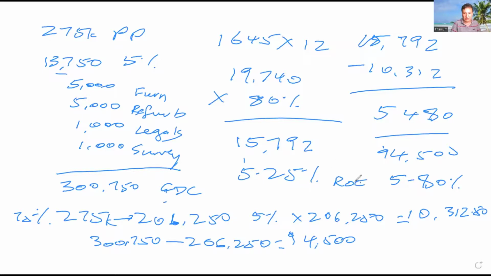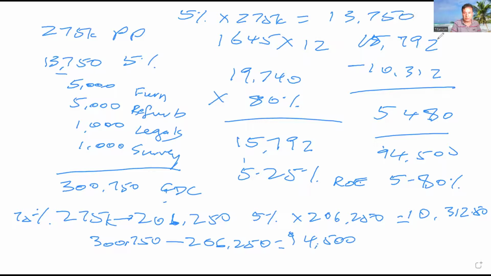Now, not forgetting, right? Property price, let's say, appreciates 5% a year. 5% a year times 275,000. You want to know what's the ROIC? 275 times 0.05, you're going to get 13,750.